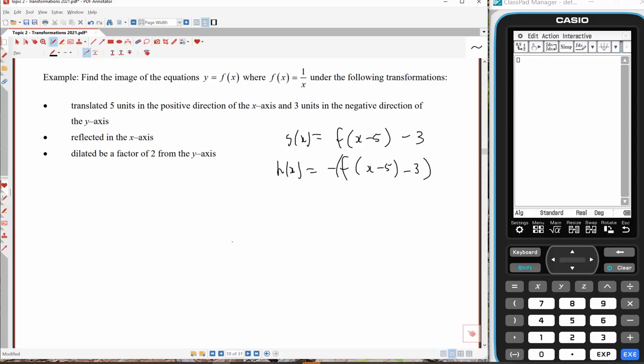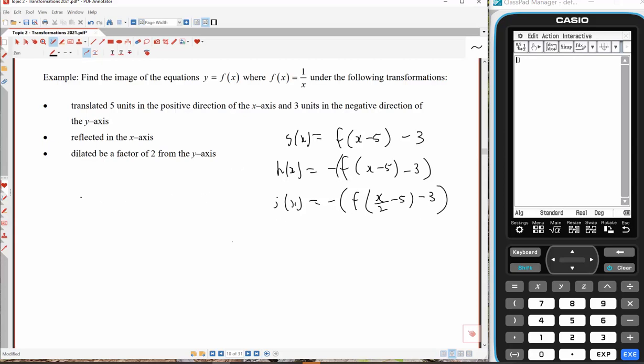So that's the reflection in the x-axis, dilated by a factor 2 from the y. So j of x equals negative brackets f of, so to dilate by a factor 2 from y, I'm going to drop in x on 2, take 5, take 3, close brackets.